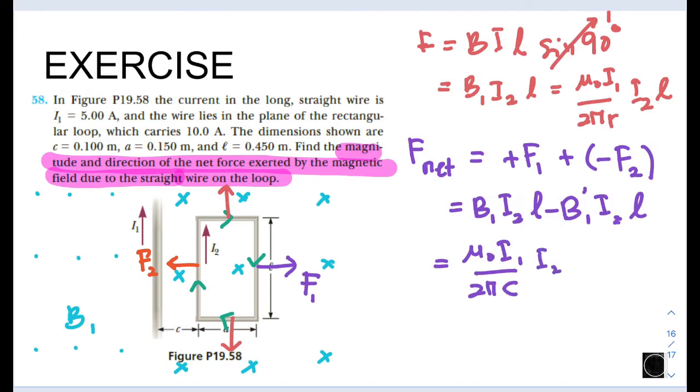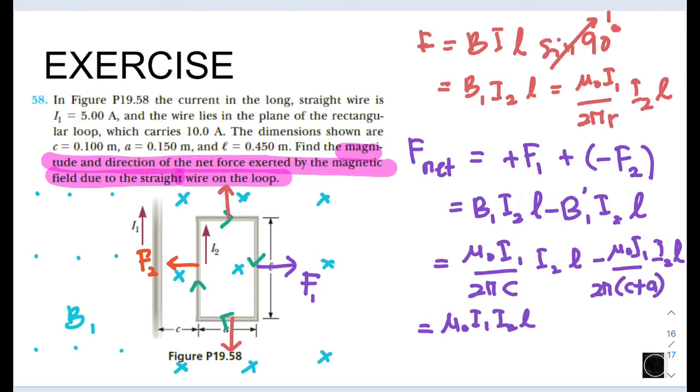It's C, I2 L, minus mu naught I1 over 2 pi, it's C plus A, I2 L. Right, so we can factor out the repeated terms: mu naught I1 I2 L over 2 pi, bracket 1 over C minus 1 over C plus A. Then you can solve it.